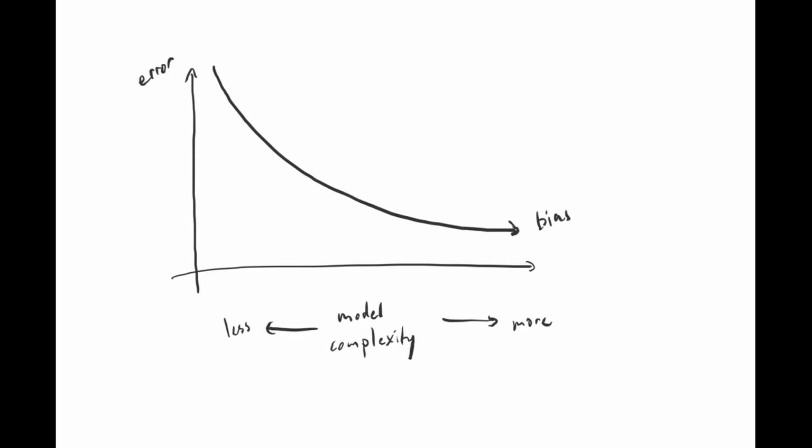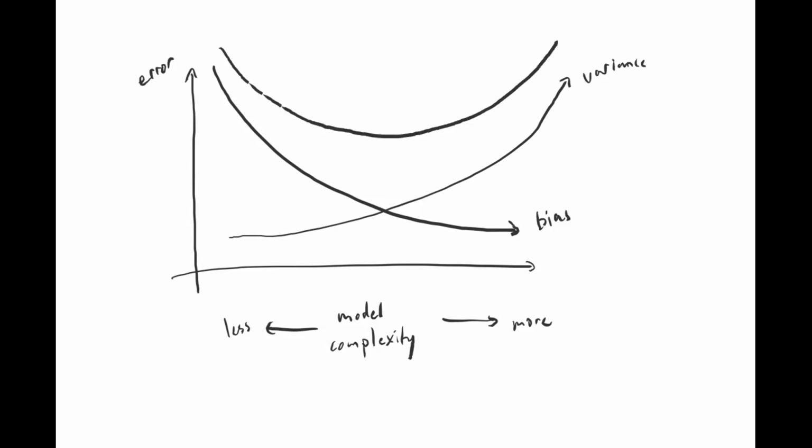But as this happens, you will also increase your variance. And so you'll have this line, which represents your total error, which is going to be variance plus bias. And so really what you want is to find this point here.